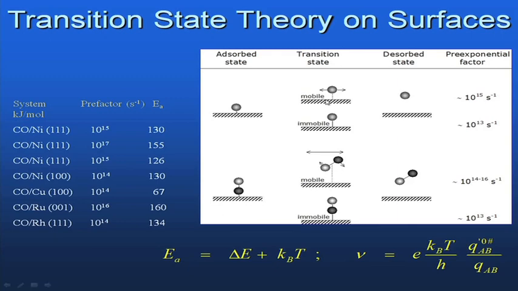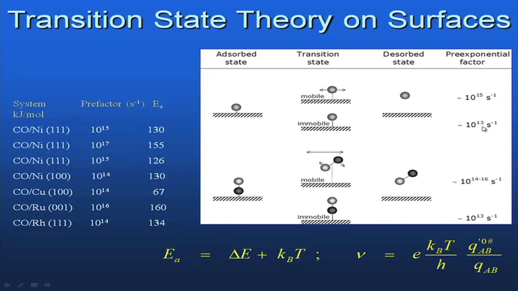It can have two-dimensional motion, because the third motion is not possible, since that side it is bonded. Or it may be immobile, that is, it does not have any option to move around in the x or y direction. And the desorbed state for both of these is like this, where the distance is increased a little bit, and the pre-exponential factor comes out to be 10 to the power 15 and 10 to the power 13.